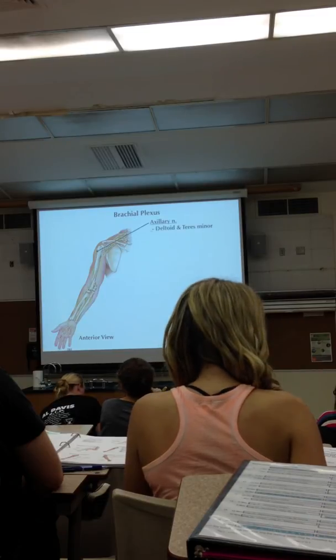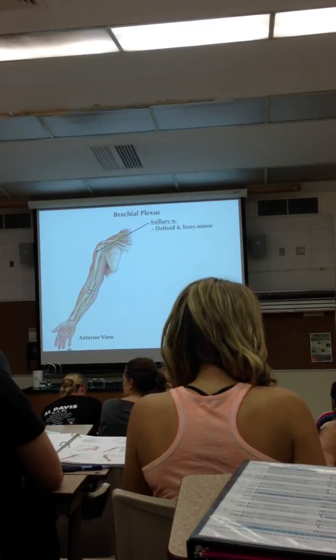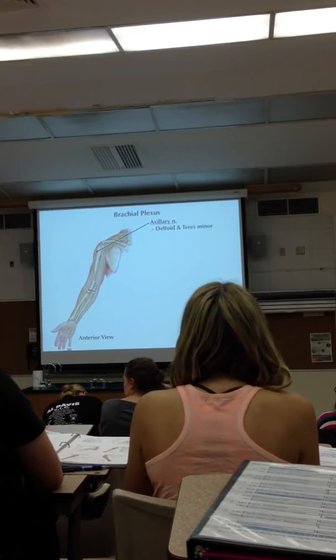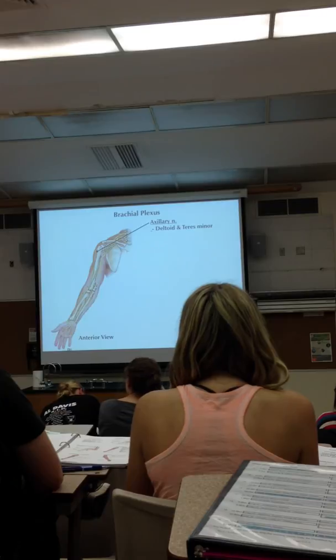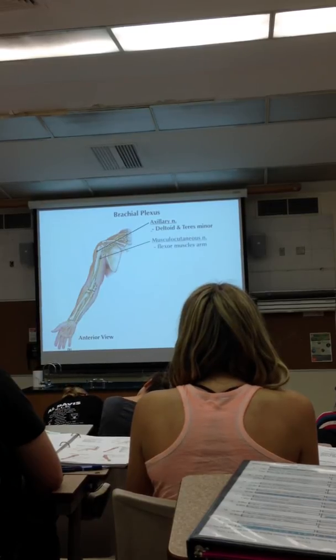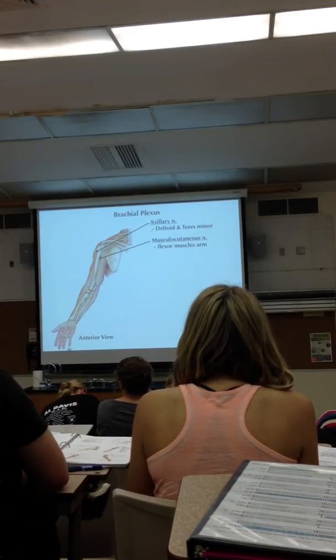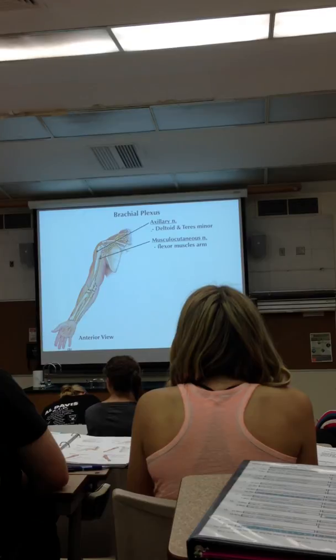There's the axillary nerve. Axillary nerve is a branch of the posterior chord, and it gets your deltoid and teres minor. Musculocutaneous is the branch of the lateral chord, and it basically gets your anterior flexors. So what would be some of those flexors of the arm?